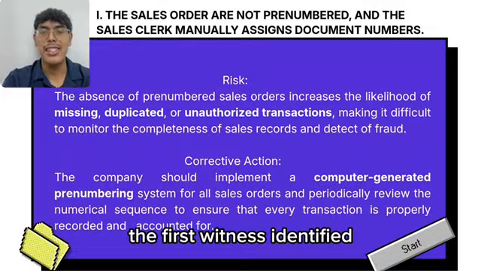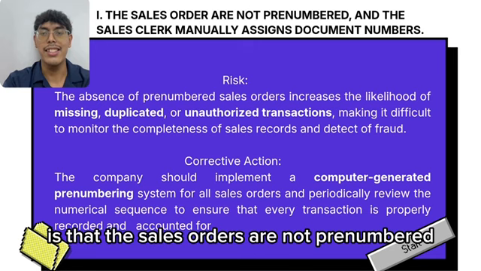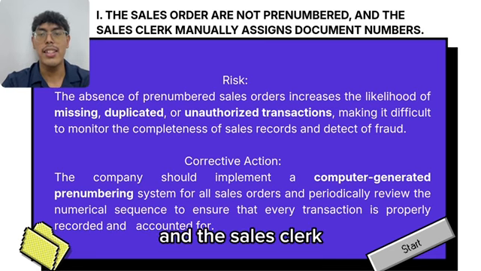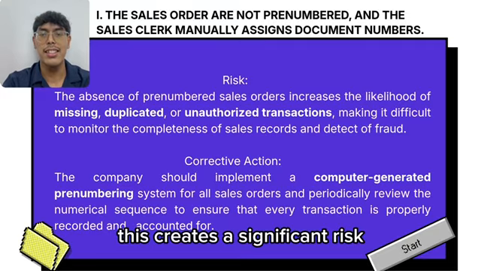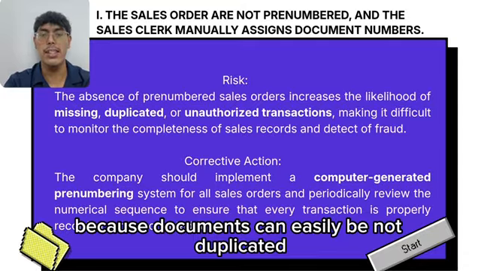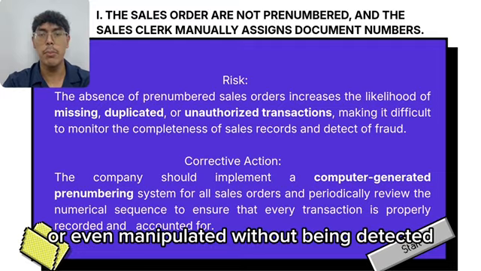The first weakness identified is that the sales orders are not pre-numbered, and the sales clerk manually assigns the document numbers. This creates a significant risk because documents can easily be lost, duplicated, or even manipulated without being detected.